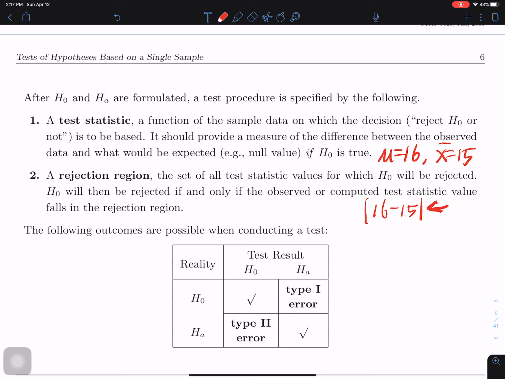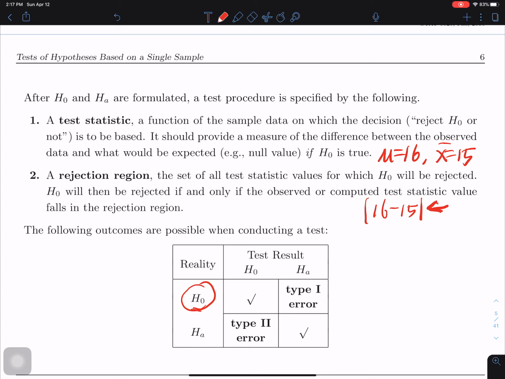When the reality is H0 is true, you have two possible test results. The first test result is that you accept H0. When the truth is H0 and you accept H0, then there's no error, so you made a correct decision.